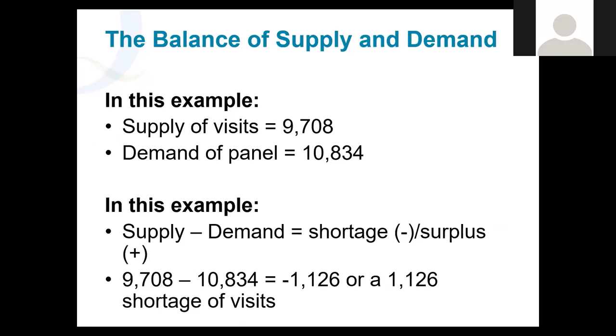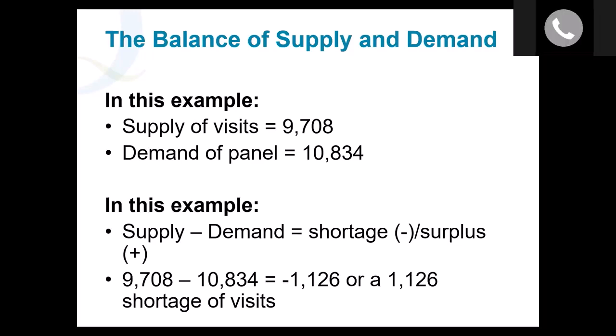If the physician is not able to provide those visits, these patients have to go somewhere else to seek care. So Sandy, if you had a physician in this situation, and we've run across a few of them that are in exactly this situation, what else might you consider?